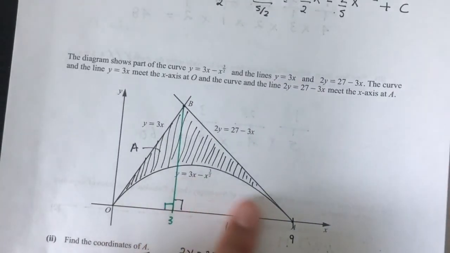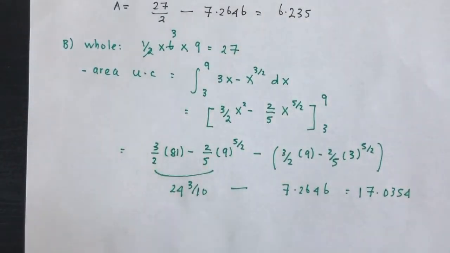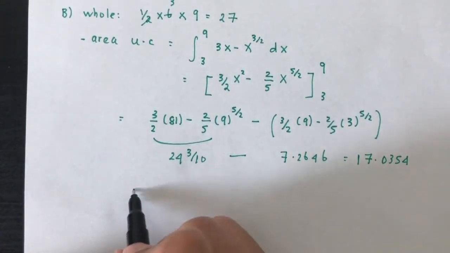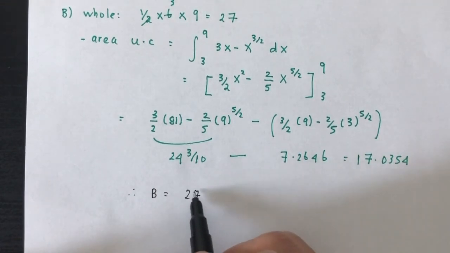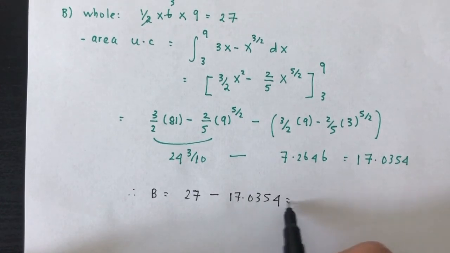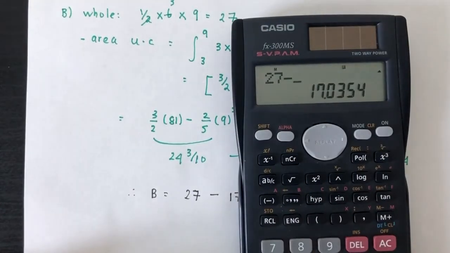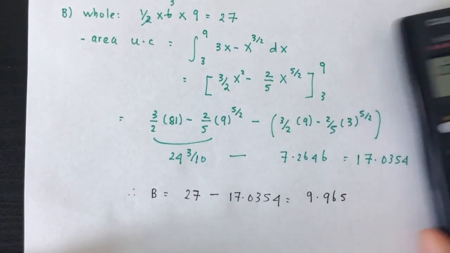So now we have to take this area minus this to find the area of part B. So there you go. Area B is 27, the area of the triangle, minus the area below the curve. Let's see what happens. 27 minus the answer, that should be 9.965.